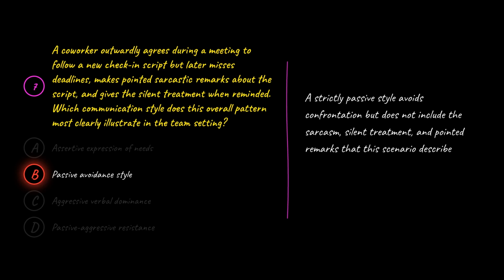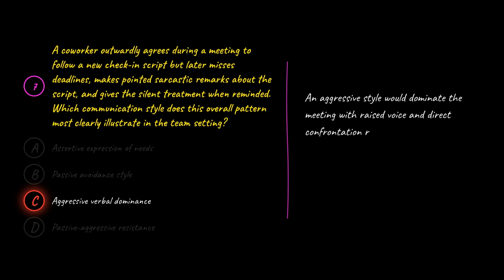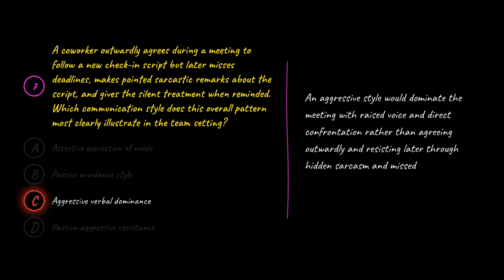Passive avoidance is quieter than indirect resistance and undermining behavior. C is wrong because an aggressive style would dominate the meeting with raised voice and direct confrontation rather than agreeing outwardly and resisting later through hidden sarcasm and missed work in this team setting.